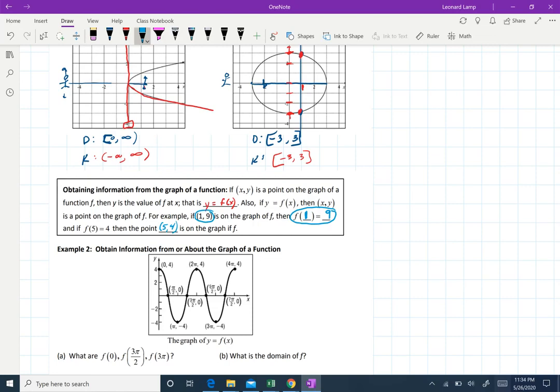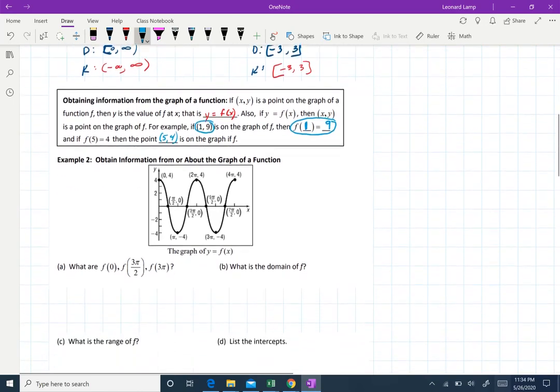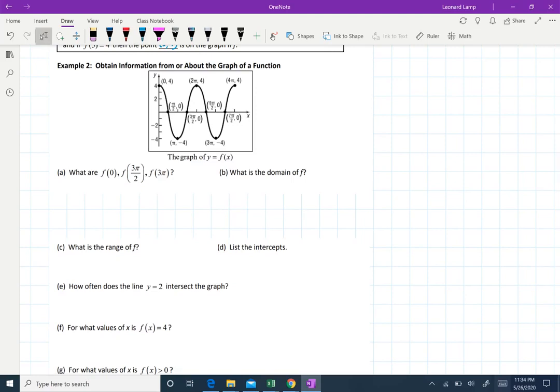Okay, so now knowing all that, we want to be able to look at the graph and be able to answer these several questions. So example number 2, part A. What are f of 0, f of 3 pi over 2, and f of 3 pi? So let's start with f of 0. All they're asking me to do is look at the graph. What happens when I plug in 0 for my x term?